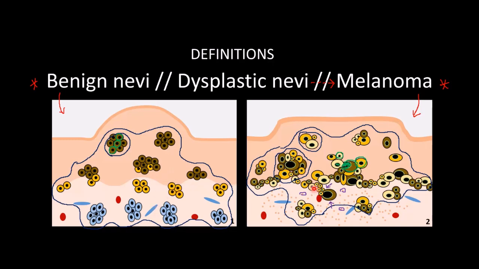That is to say, when comparing these lesions on those three features we talked about, the overall architecture, the cellular irregularity, and the degree of stromal response, dysplastic nevi have irregularity somewhere in between that of a benign mole and a malignant melanoma. Now, histologically, there are more specific definitions that are used to distinguish these three lesions, but just for the purposes of giving you a broad overview, we won't get into the nitty-gritty of those definitions in this video.